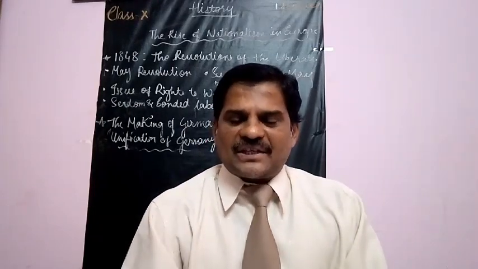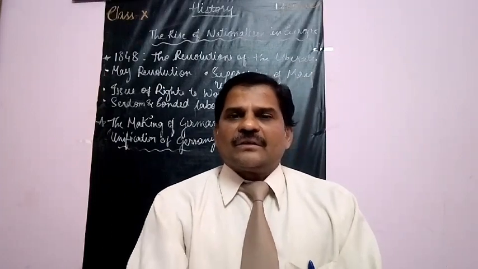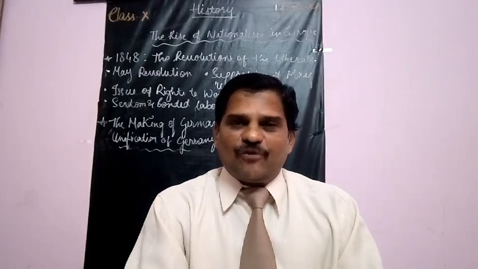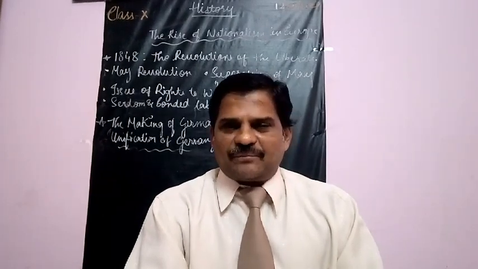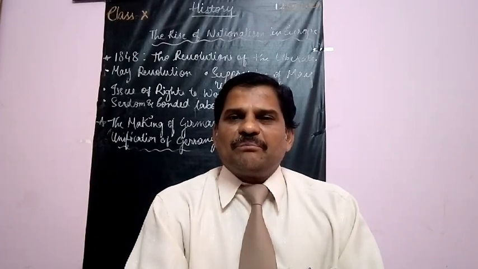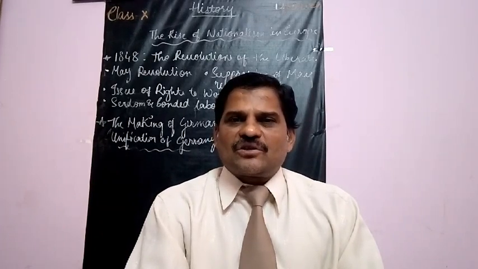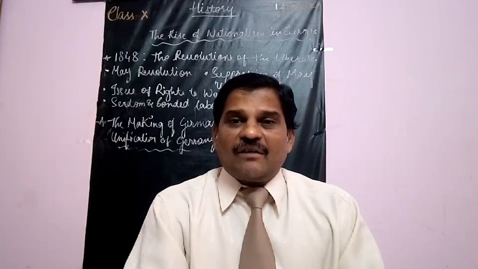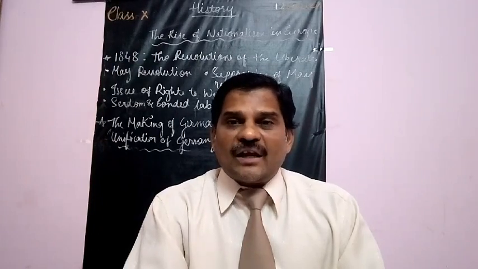Prussia, P-R-U-S-S-I-A. At the time, Prussia was headed by King William I. William I was the ruler of Prussia at the time, and he appointed a prime minister for himself. His name is what? Otto von Bismarck. So Bismarck was the prime minister and William I was the ruler of Prussia.